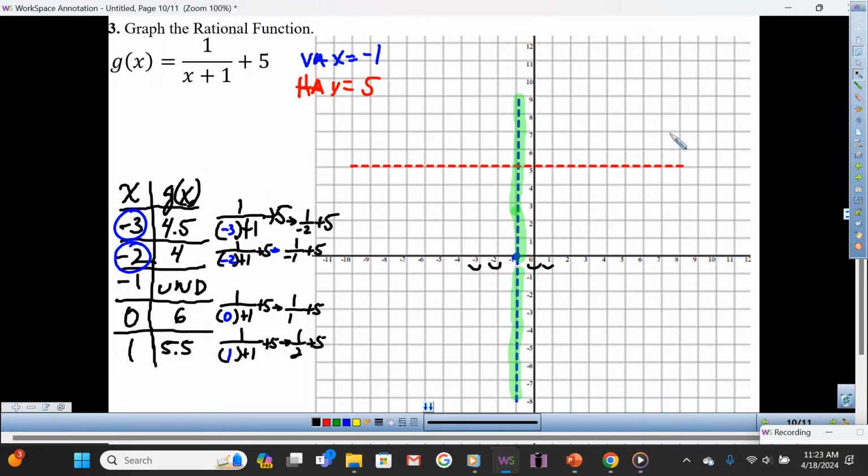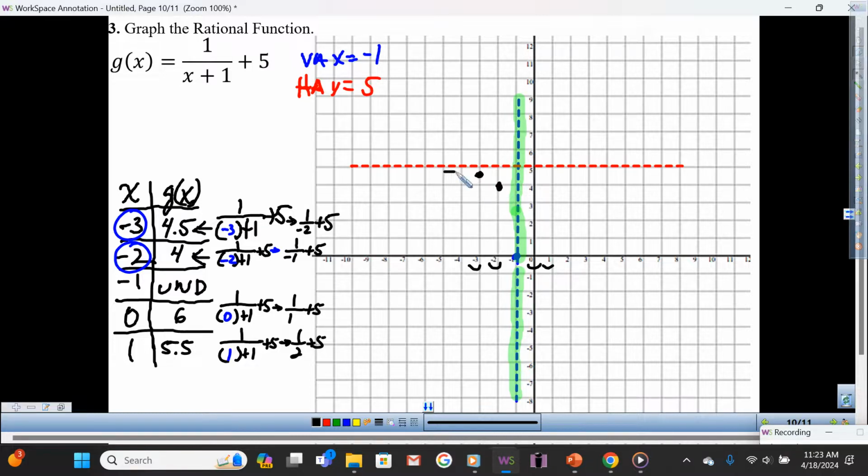Let's graph that. I'm going to start with -3 and 4.5. -3, and we got 1, 2, 3, 4.5 is about right there. Next one, -2 and 4. -1, -2, 1, 2, 3, 4.